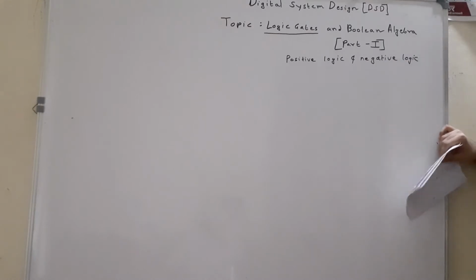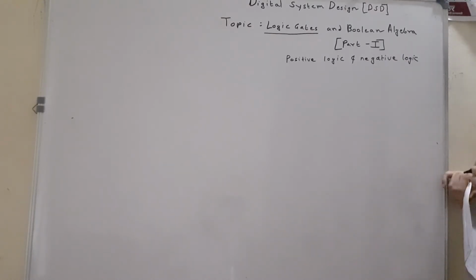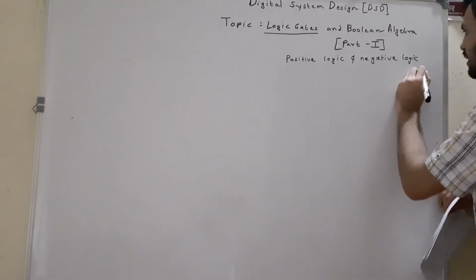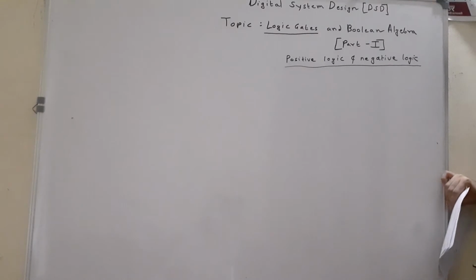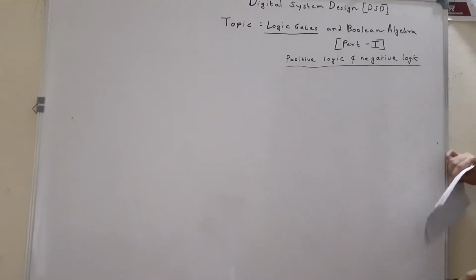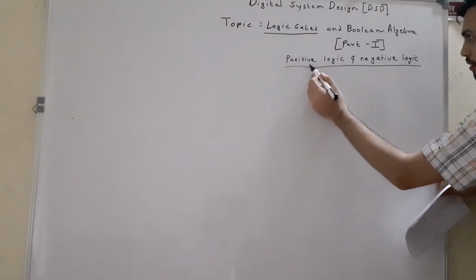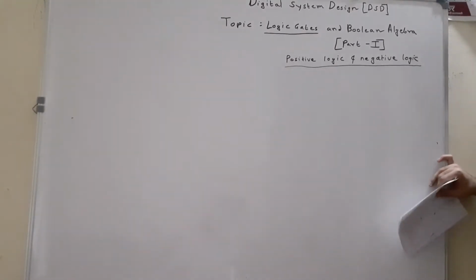As we know, we are studying this course to be able to design digital systems that are used in practice. We also know that we need to design certain logic in order to implement these digital circuits in practice. But now here is an important concept of positive logic and negative logic.